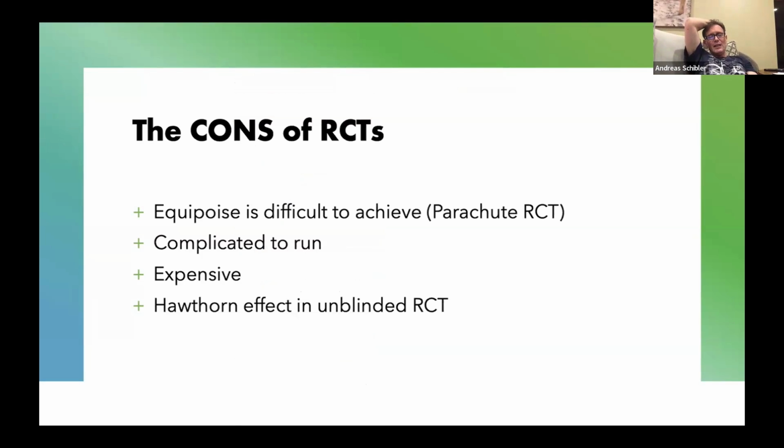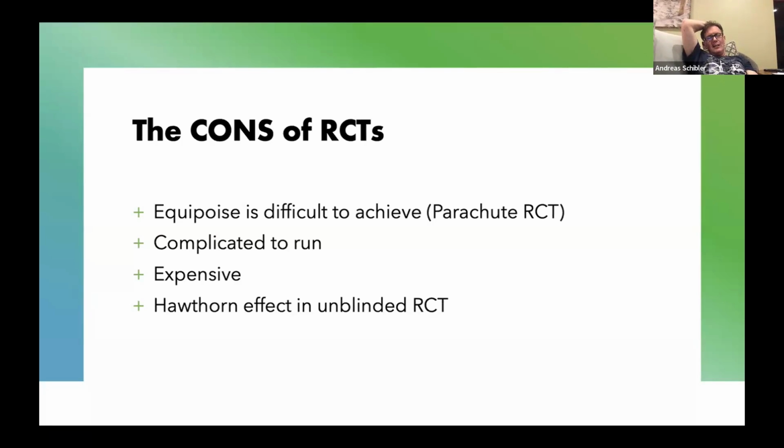You need to educate, you need to educate, you need to talk, you need to make friends. And it is very expensive to run. And don't forget the following, that you have a Hawthorne effect in randomized controlled trials. That means you're telling the clinician, your patient is enrolled in a trial. Make sure that your patient is well.